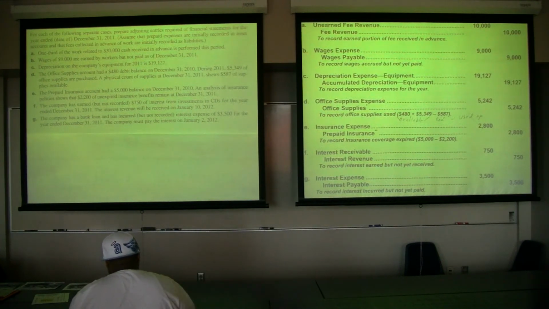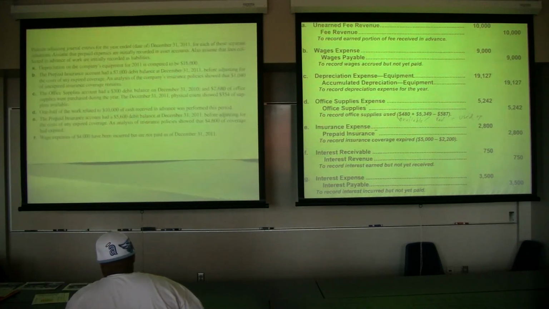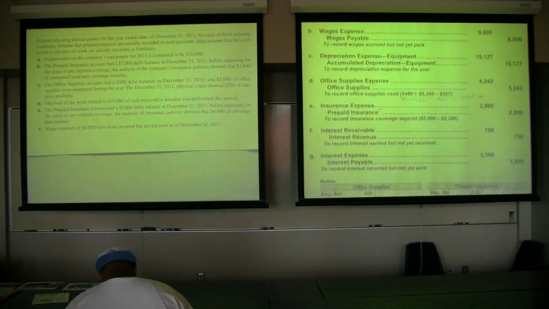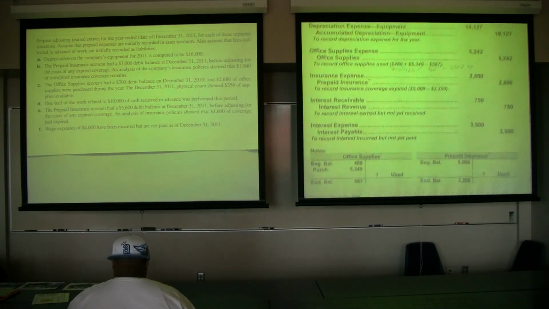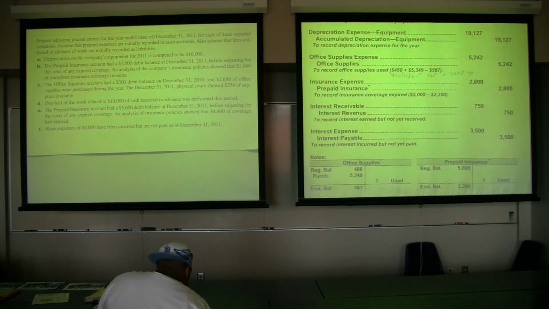Again, it'll ask you to do a series of adjustments, and I'll put the answers up as we go along. Now, they have a bottom part down here that explains how they got the supplies adjustment. Let me offer it.